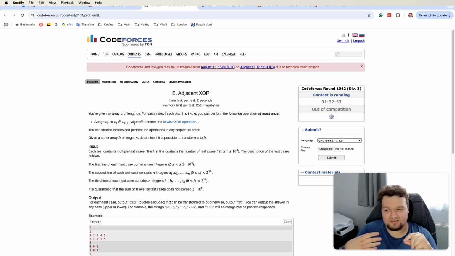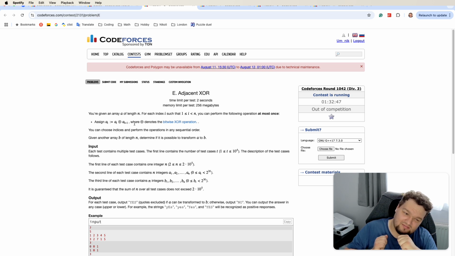Otherwise, it's only the question of whether I should do this operation after the operation on my right neighbor or before that.